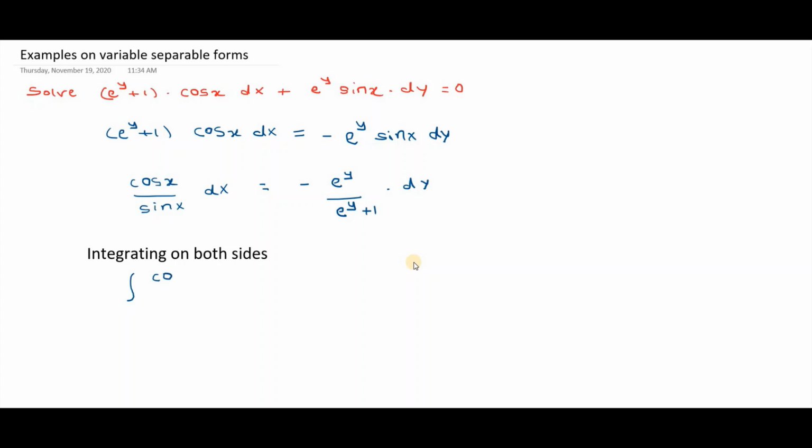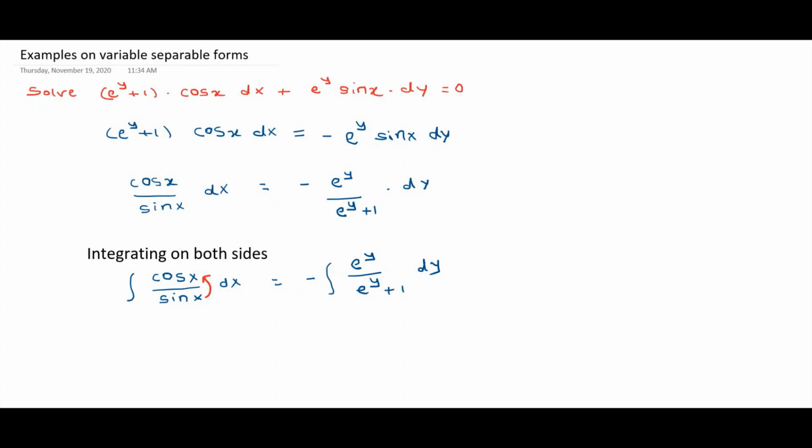Integration of cos x divided by sin x into dx is equal to minus integration of e raised to y divided by e raised to y plus 1 into dy. Now in this case, what is differentiation of this sin x? Differentiation of sin x is equal to cos x.